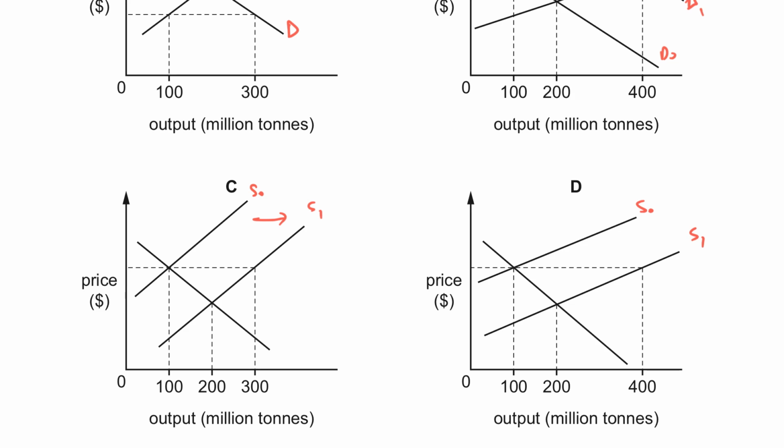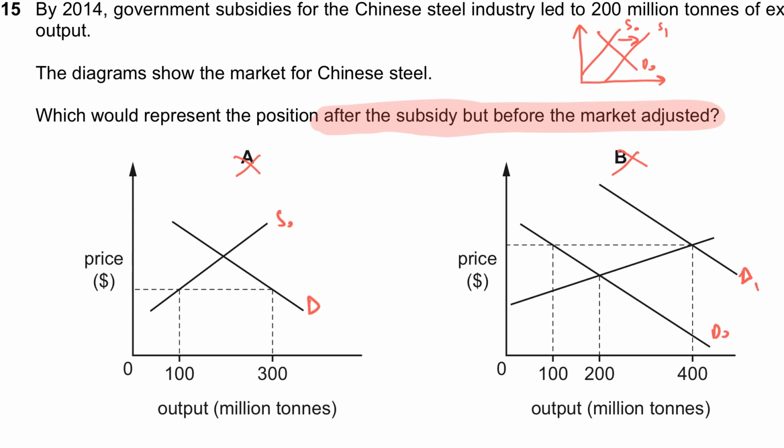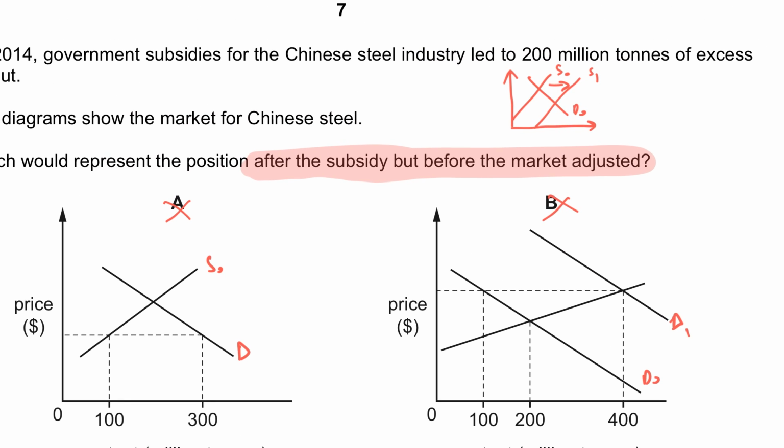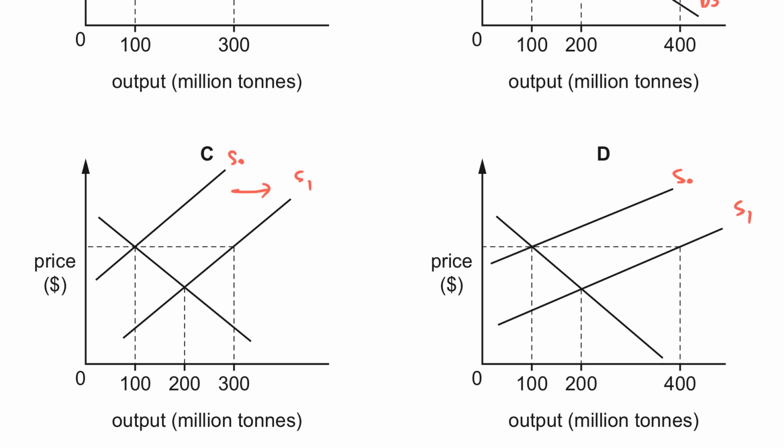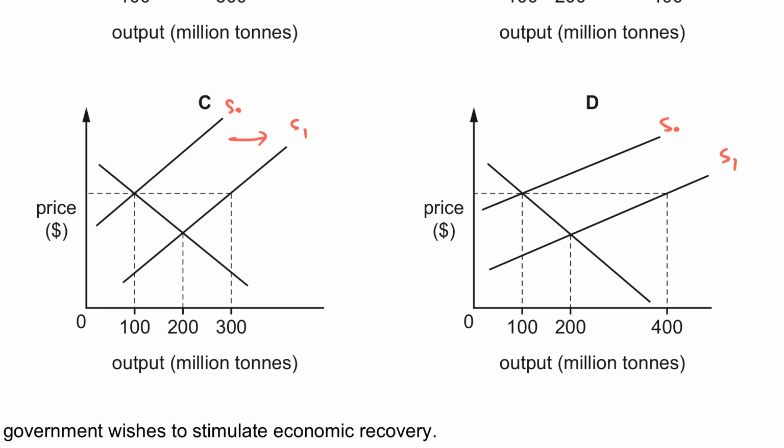But the next thing we're going to look at is that the question is saying that we need to look for an excess of 200 million tons of output. So if I go back to my answer choices, in C, if P naught was my equilibrium price before, I could see that the gap between the output right now versus before the adjustment is 200.